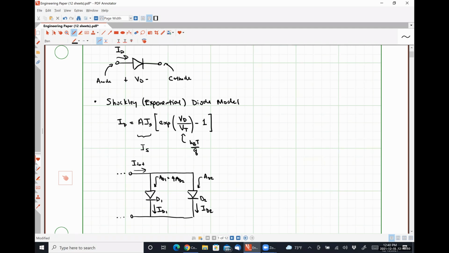Anybody have any thoughts? 4/5 go through diode 1, 1/5. Exactly right. It's effectively current division for diodes. So instead of based on a resistor value, it's based on the cross-sectional area. So that's 100% correct.